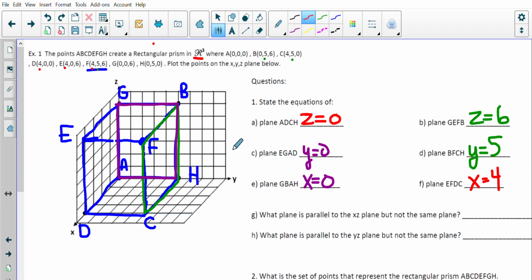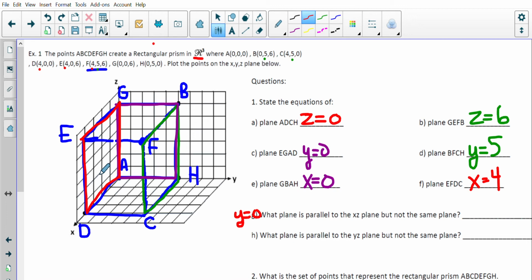Now here's another one. What plane is parallel to the XY plane, but not the same plane? Okay, so the XZ plane is in fact when you have Y is equal to 0, because the XZ plane is the plane that the X and Z axes make.